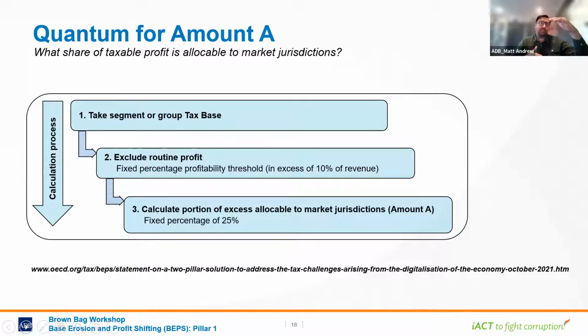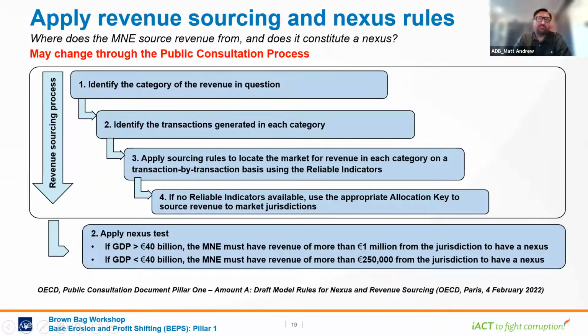We're not taking all of the profit of the multinational, we're only taking the profits above 10% adjusted profit before tax and only 25% of that above-range profit. So we're really taking the residual profits of those multinational entities, and they will be taxed at the eligible market jurisdictions. Let's move to the next slide, please.